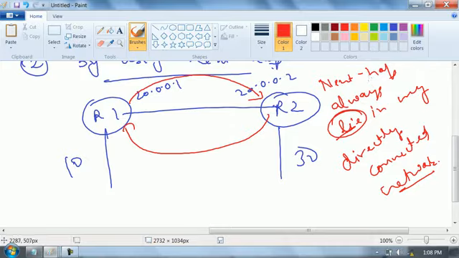Next hop is also, you can say, a gateway. Agree?